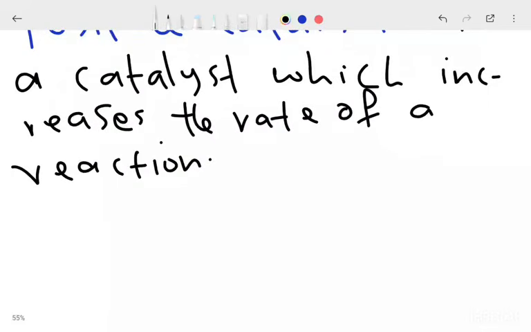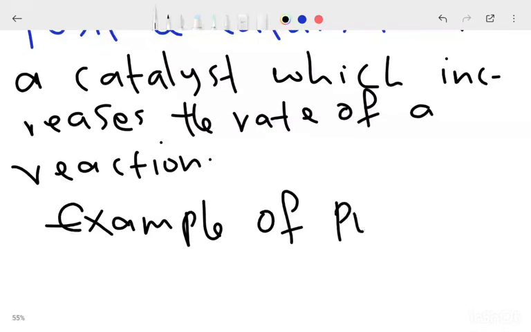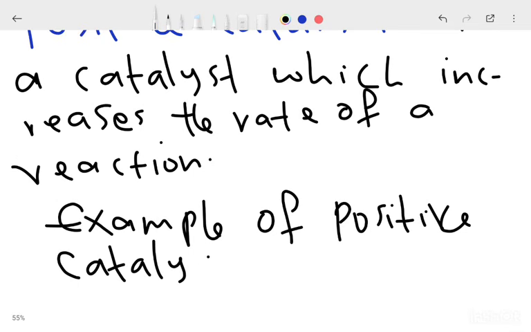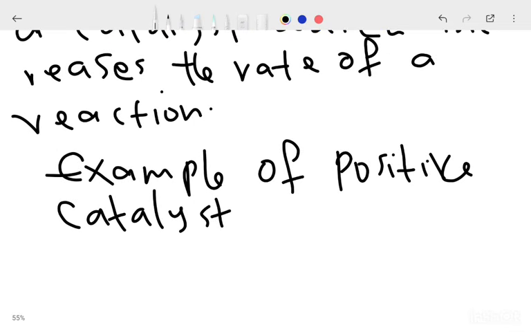An example of a positive catalyst, just write this one.